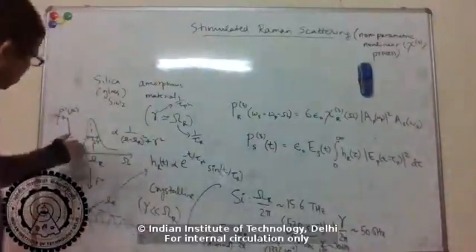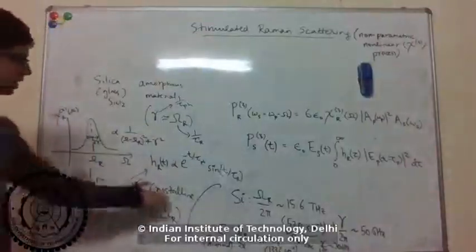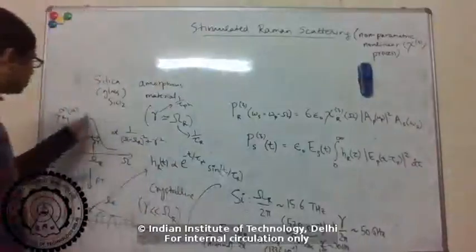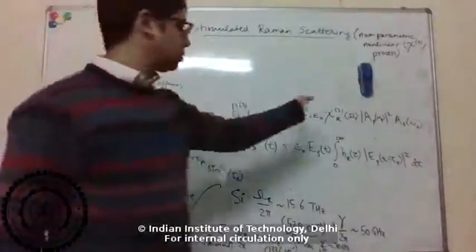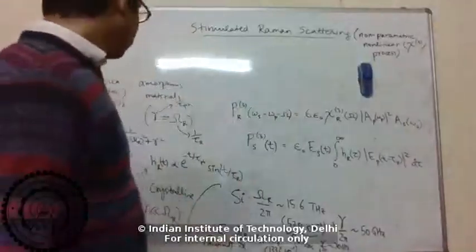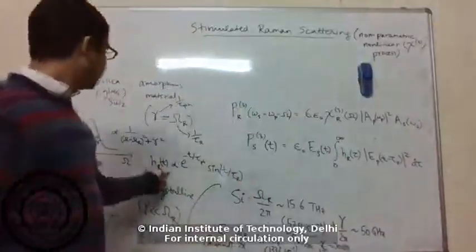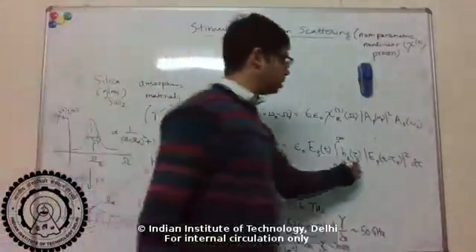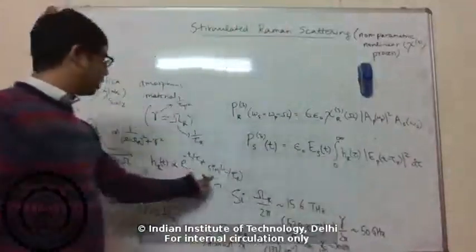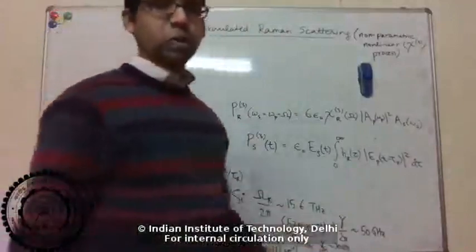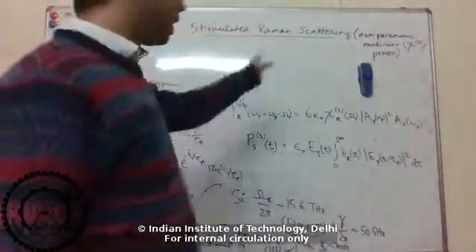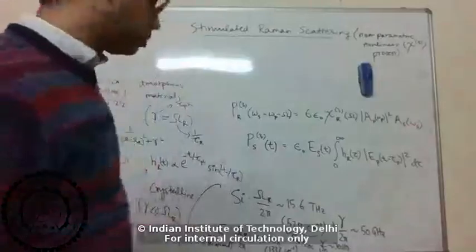So this kind of simple model you can do for crystalline materials where the Raman resonance is very well defined. But for silica, as I drew, it was very complicated, right? So basically, you try to model it with a more complicated Raman response function, right? So you just don't take a decaying sinusoid. You have to take more complicated functions to try to model that kind of thing.